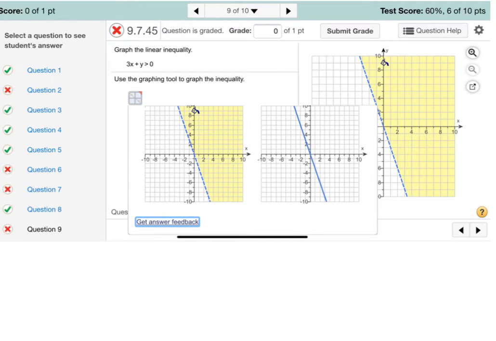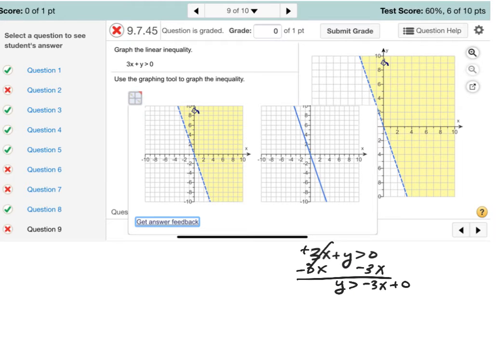Okay, here we have graph 3x plus y is greater than 0. And so here we'll solve this inequality for y. Since there's a positive 3x here, we'll subtract 3x from both sides of the inequality. And so we get y is greater than -3x.